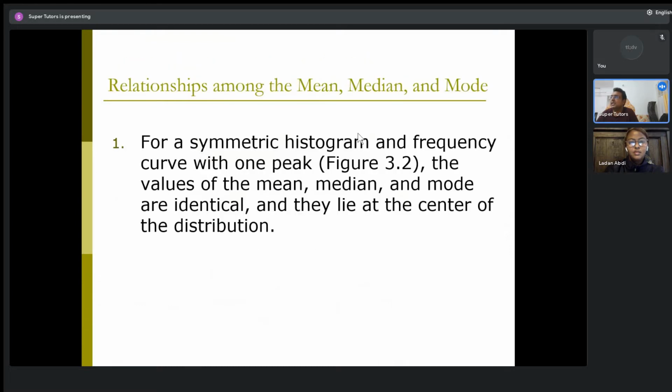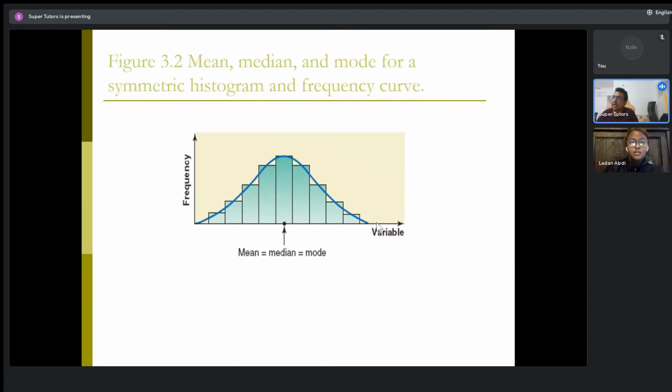Now, the relationship between mean, median, and mode. For a symmetric histogram, which looks like this, the three are equal to each other, and the three are equal to this value of the variable, the central value. Yeah, because it's symmetric, that's the reason they are equal.